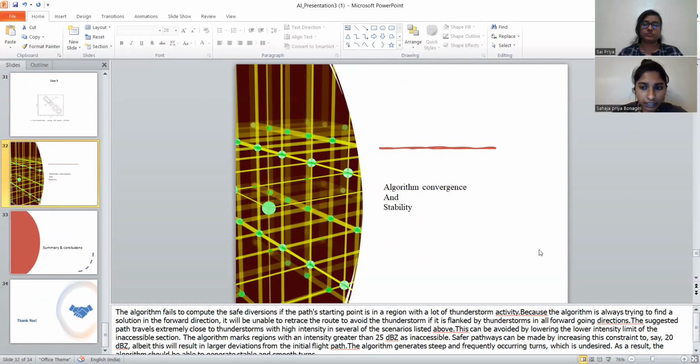This can be avoided by lowering the intensity of the area that isn't accessible. The algorithm says that the parts of the map that have more than 25 dBz of intensity are not accessible. This restriction can be lowered to say 20 dBz, but it will make the flight path more difficult to follow. Next slide.